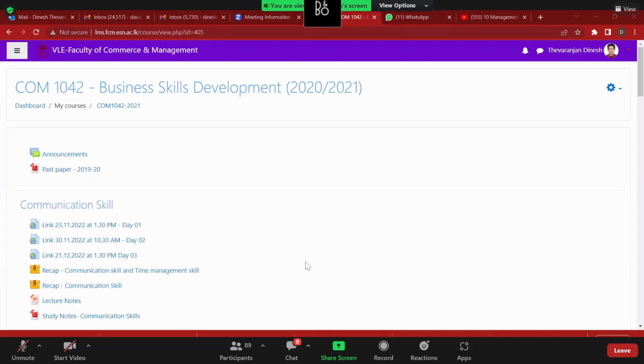Here is the 1920 paper. I will upload the 1920 as well.